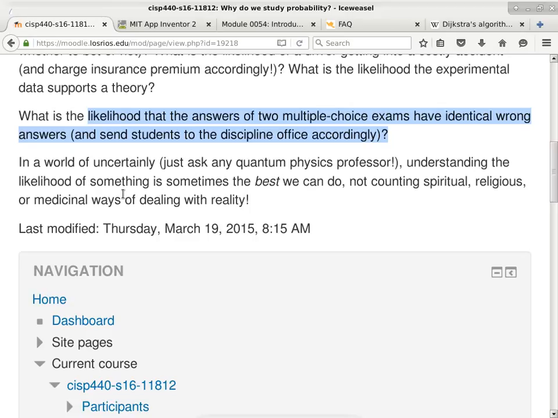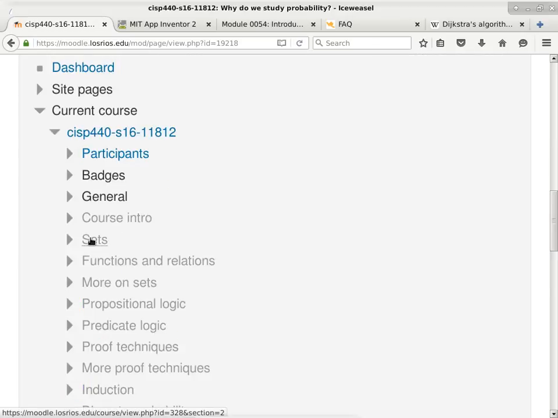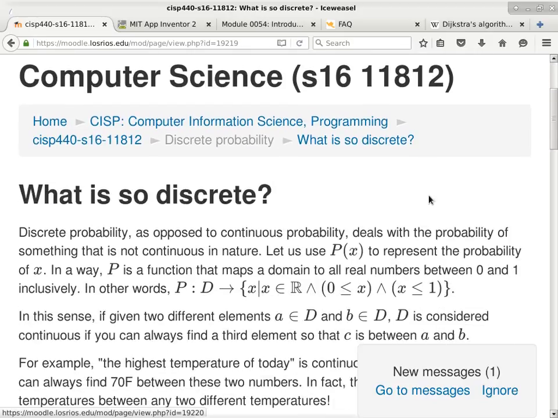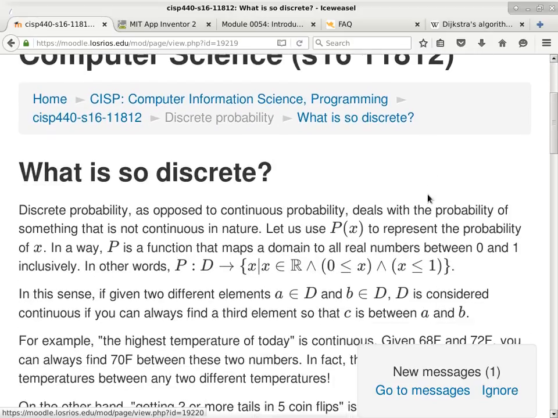probabilities, exactly. Now, there's a big difference between the probability distribution in quantum physics and the probability that we're dealing with in this class, because the ones that we deal with in this class are discrete. It's not continuous. Okay? But the probability that you're dealing with in quantum physics is continuous. Which is kind of an oxymoron, because if you think about it, quantum physics is quantized, right?